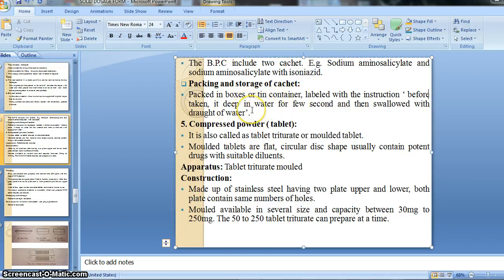Means this is the instruction for how to take a sachet, and this instruction should be shown on the label, right?